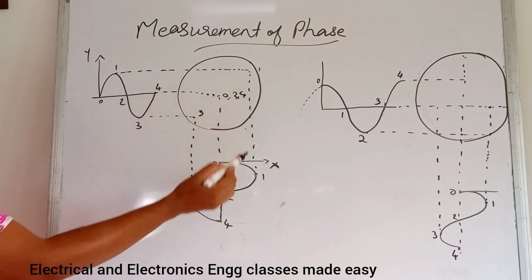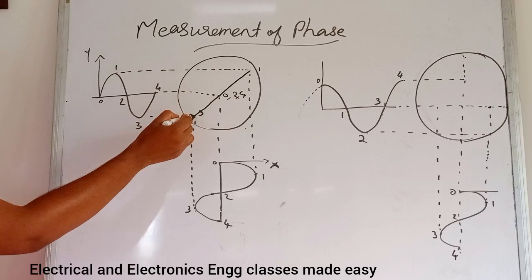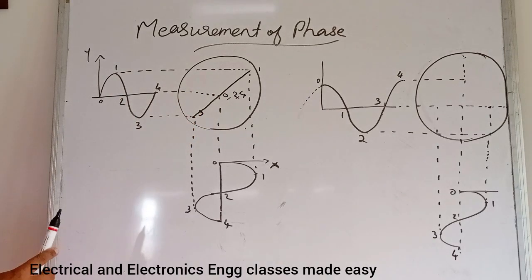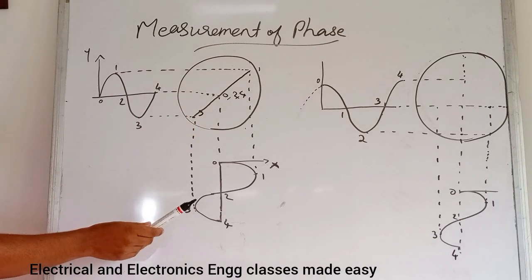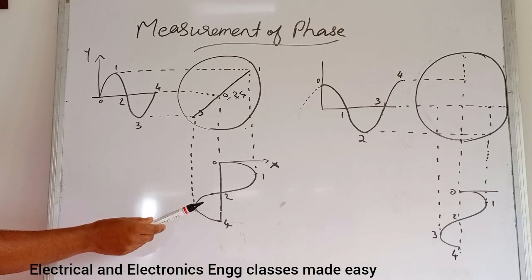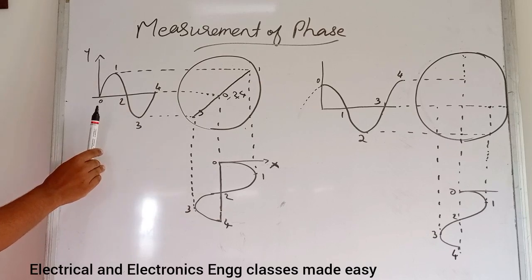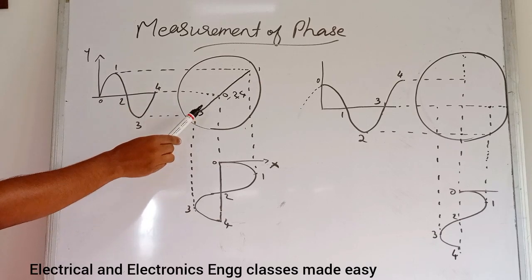So 4 is also here. So while combining these points, we will get a straight line. So when two sinusoidal voltages of equal frequency which are in phase with each other are applied to the horizontal and vertical deflection plates, the pattern appearing on the screen is a straight line.